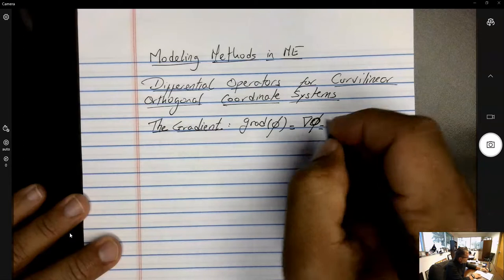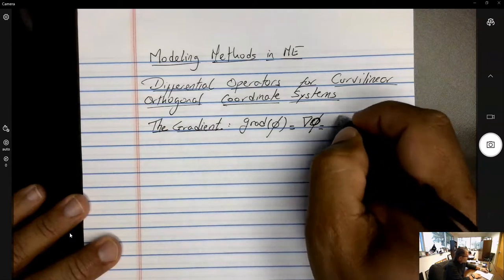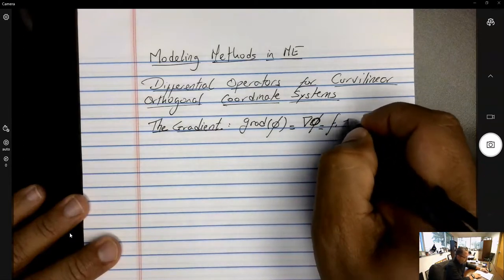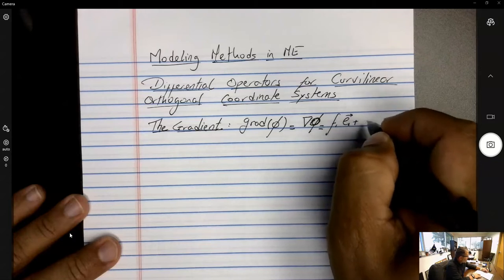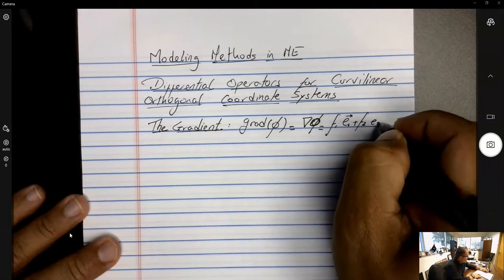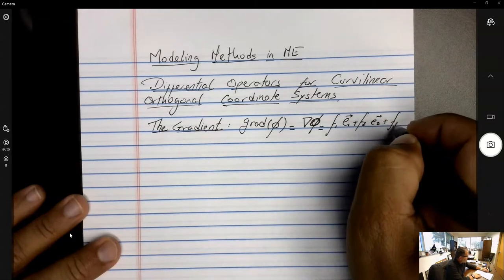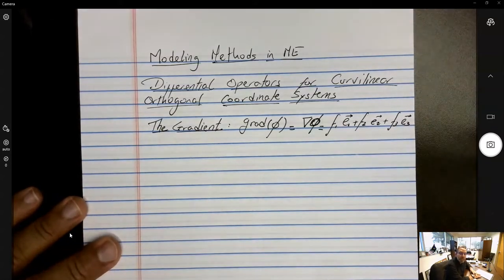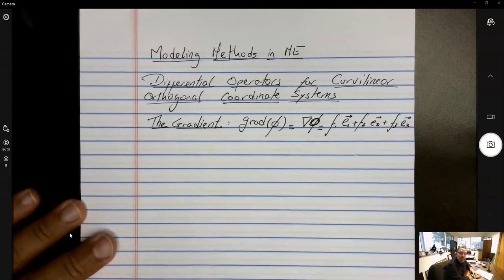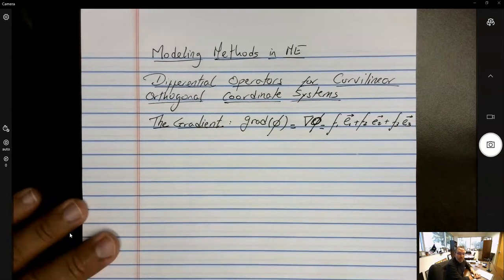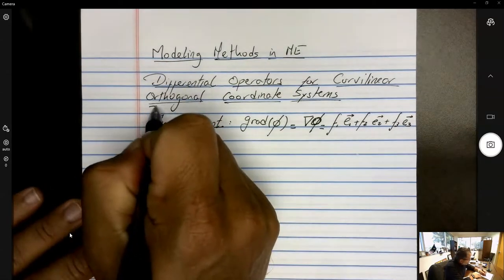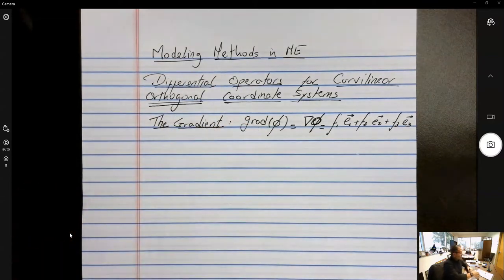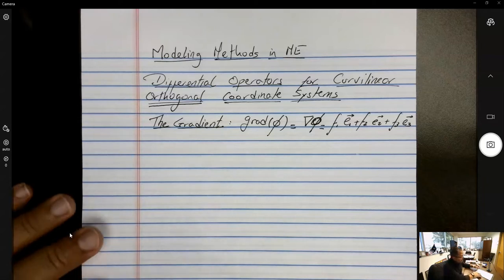Because this is a vector operator, this is going to result in some function 1 in the first direction, plus some function 2 in the second direction, plus some function 3 in the third direction. And notice that when I say e1, e2, e3, I'm generalizing to the specific curvilinear coordinate system. And remember, we're going to confine these to orthogonal ones. Otherwise, this final form that I'm going to show you is going to be a bit crazy.